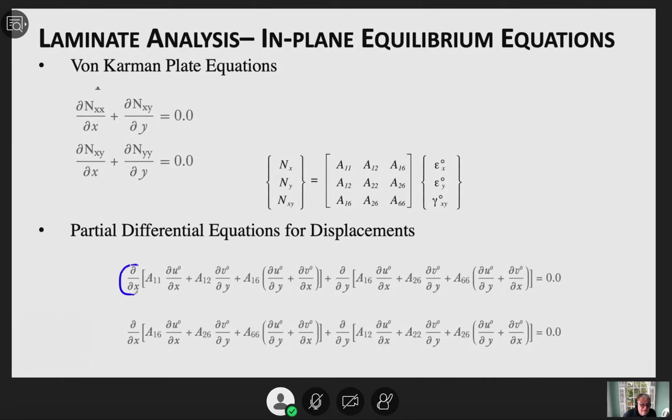This partial sign, I can take it, pass it beyond A11 here, and this will become A11 times partial square u, partial x square, and this will come here, A12 times partial square v, partial x partial y, and then this term again will come here and here.